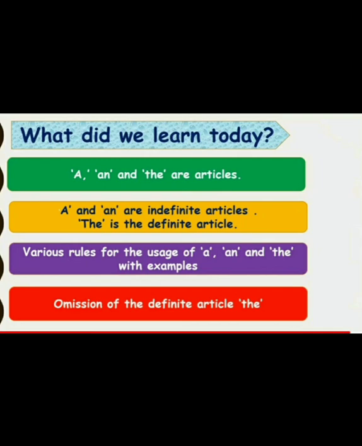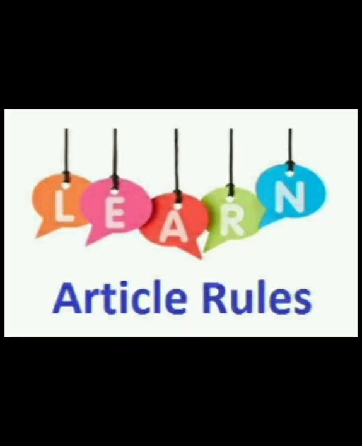A and an are known as indefinite articles, whereas the is known as the definite article. We also learned various rules for the usage of a, an and the with examples. Also see the omission of the definite article the. So go through the examples, read carefully and complete your exercises.